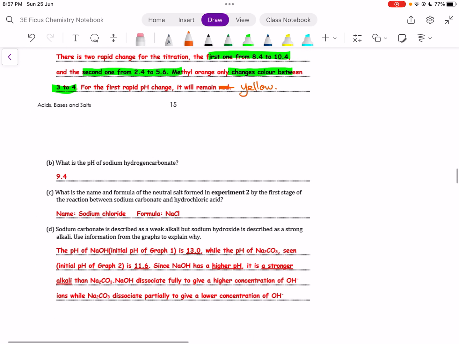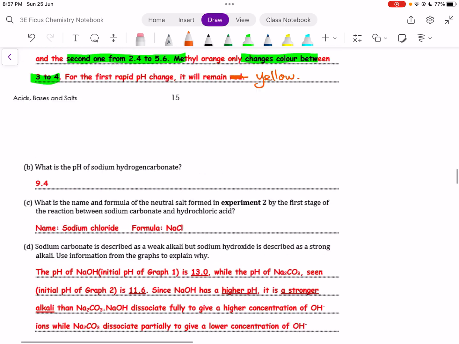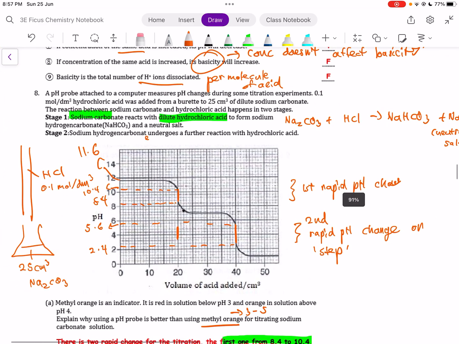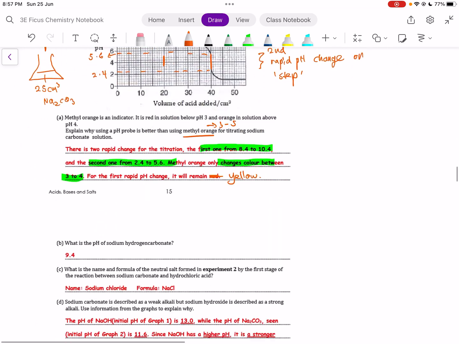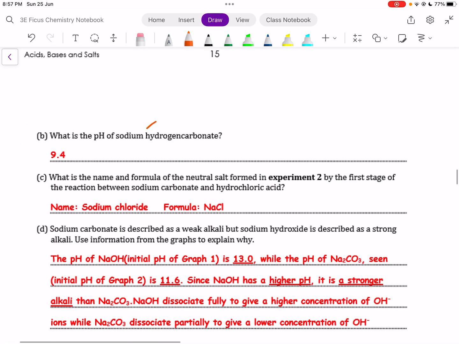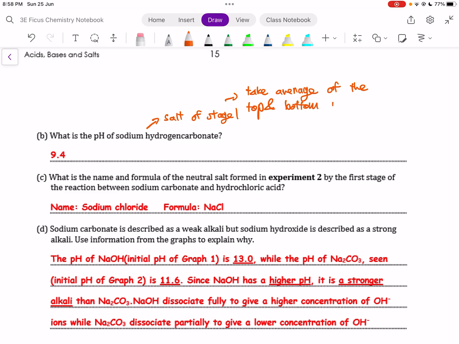Next, what is the pH of the sodium hydrogen carbonate, that means the salt for the first stage? Very simple. You take the average of the top and bottom values of the rapid pH change.